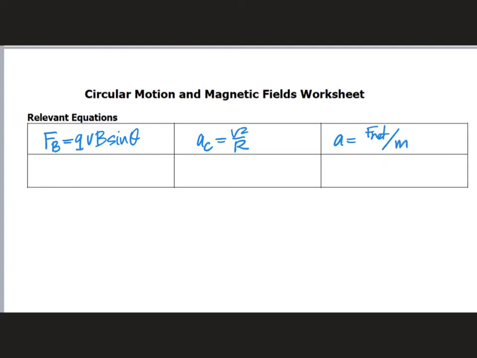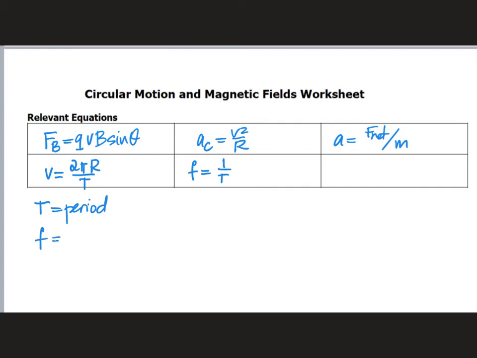Some other equations that might be useful to you are that the velocity of something moving in a circle is the circumference, 2 pi r, divided by the time. In other words, T is the period of the motion. Also, the frequency is equal to 1 over the period.